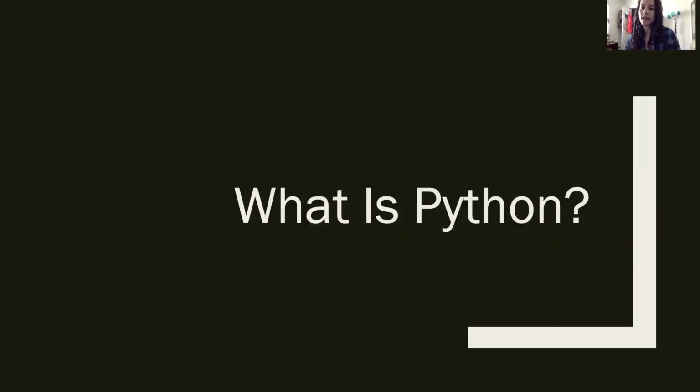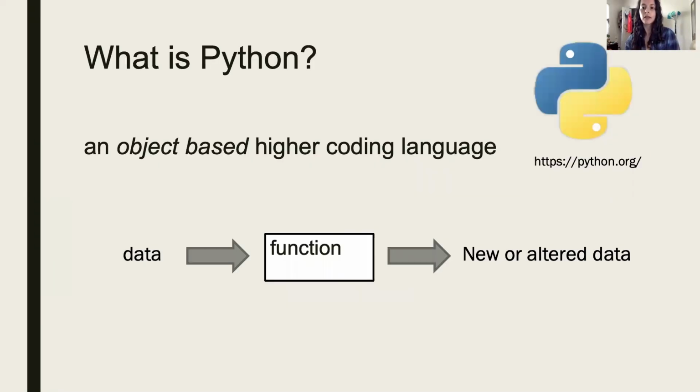So the first thing I want to go over is what Python is and what distinguishes it from other coding languages. Python is what's called an object-based higher coding language. What I mean by an object is a collection of data or variables and the methods or the functions that act on those data.